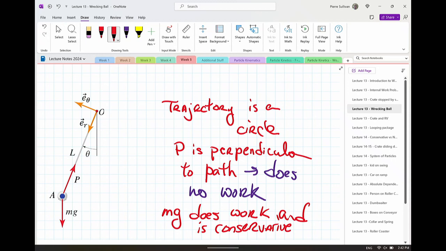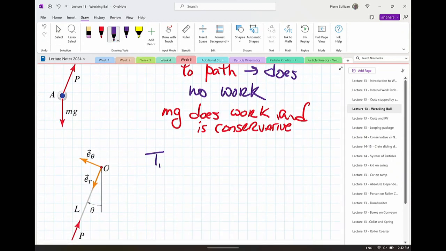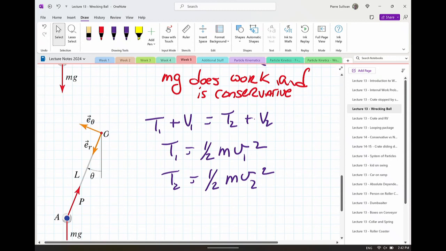And so you can just write this out. Now, the only thing left is to try and figure out where you are at each of those instances.